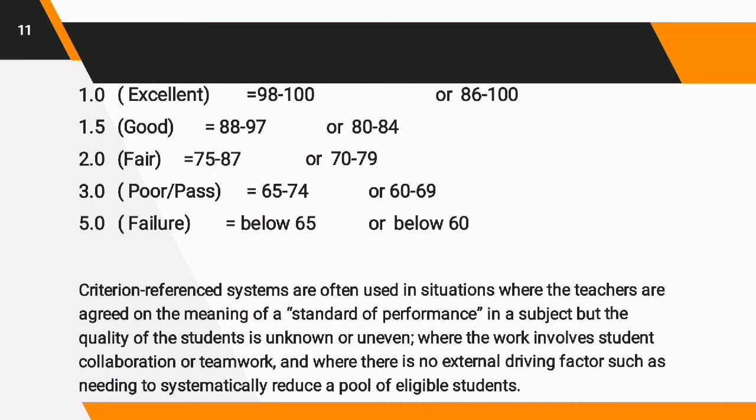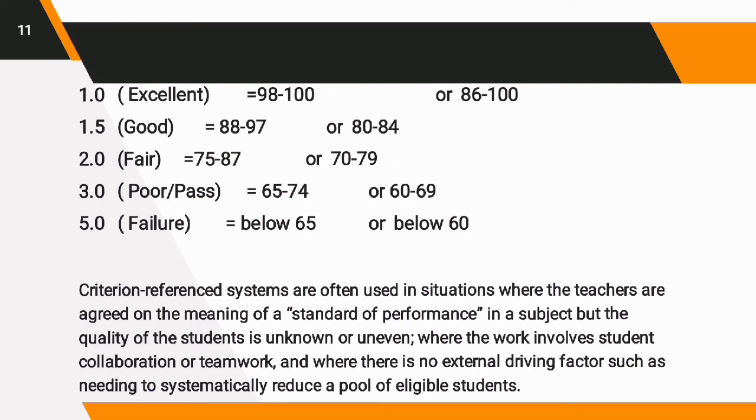For the 2.0, fair, 75 to 87 or 70 to 79. 3.0 is poor or pass, 65 to 74 or 60 to 69. 5.0 is failure, below 65 or below 60.